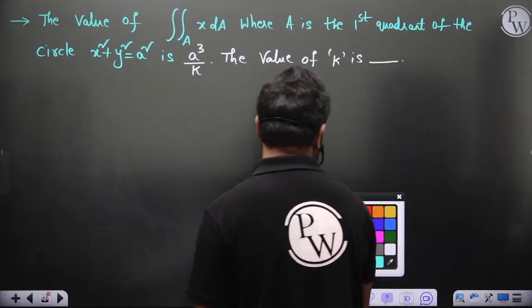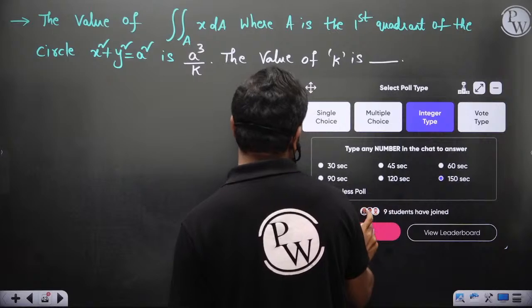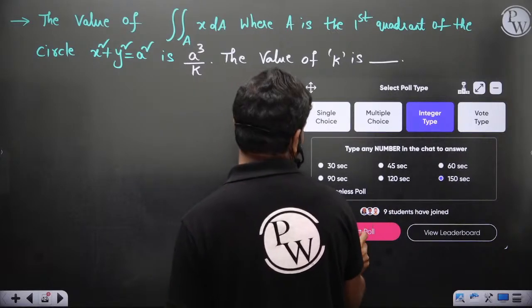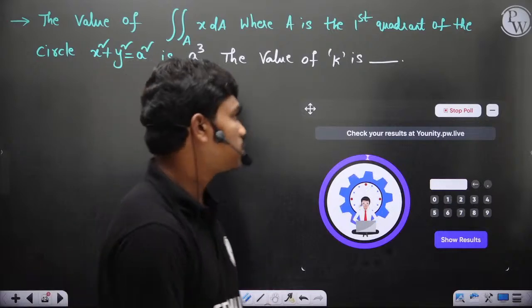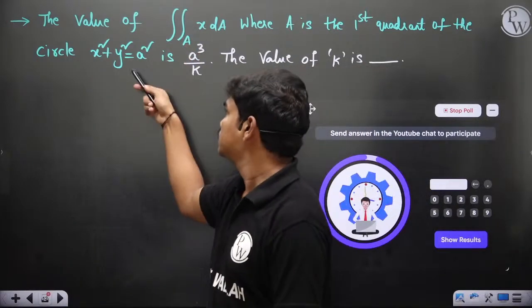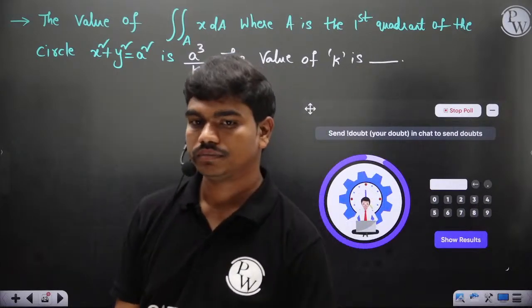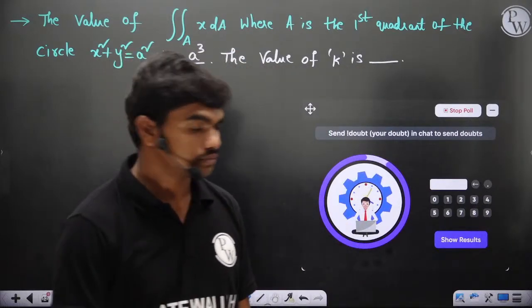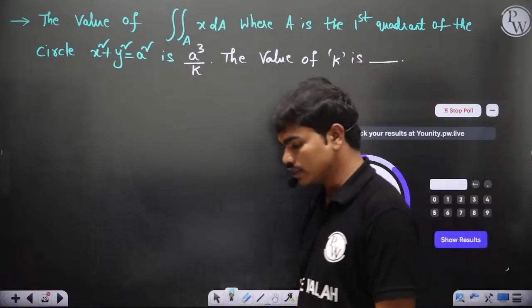Solve this question, I'll give you time again. Type in the chat, 150 is good. So start. Come on, solve this question. I put ax here, so this is the circle in the first quadrant. This value is a cube by k. So what is the value of k? Solve this quickly.